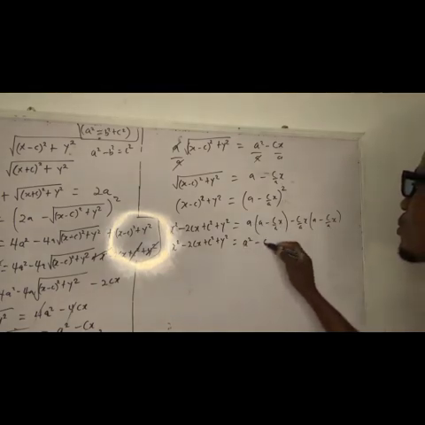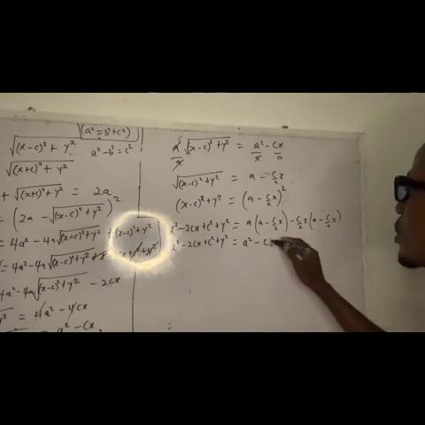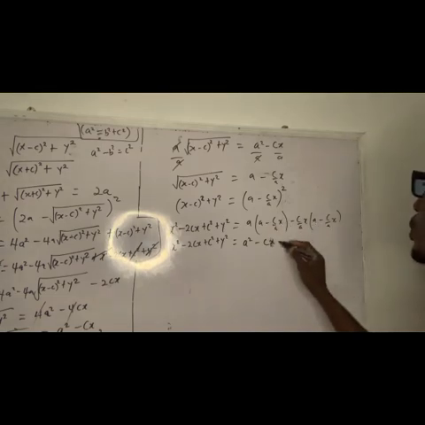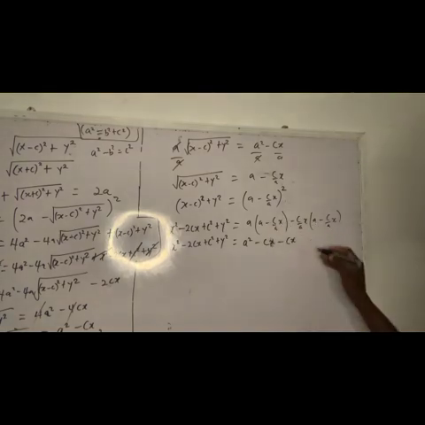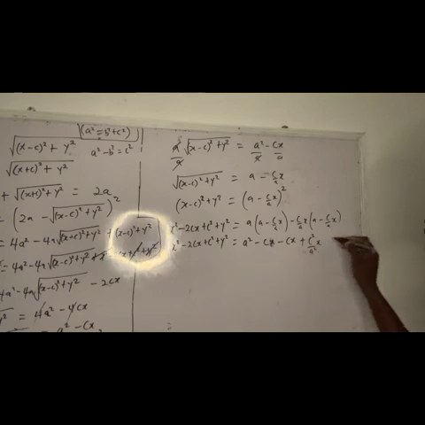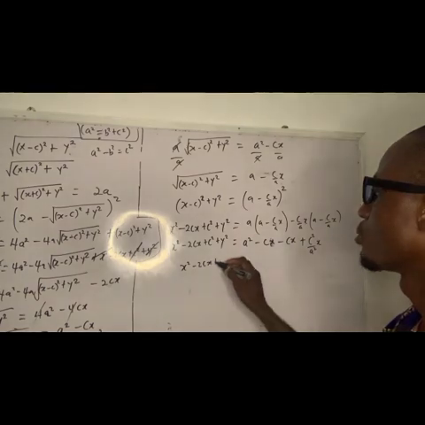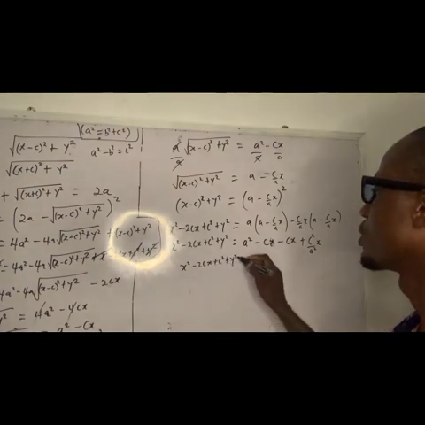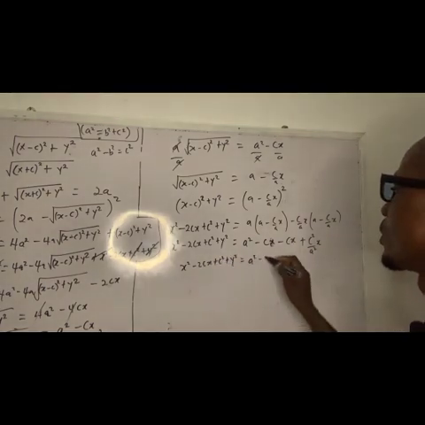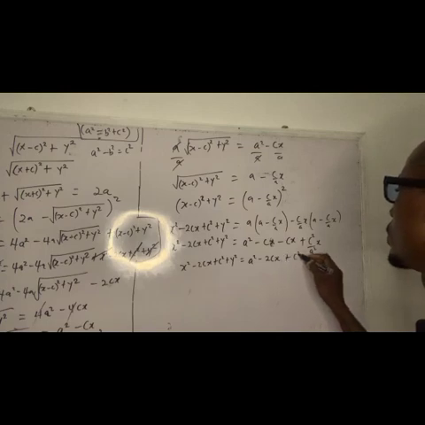cx, then this will also be minus cx, okay? Then here you'll be having positive c squared over a squared x squared. So having this, x squared minus 2cx plus c squared plus y squared equals a squared minus 2cx plus c squared over a squared x squared.